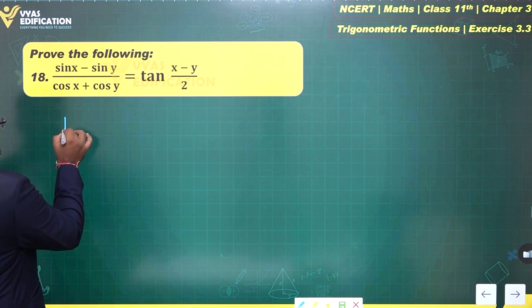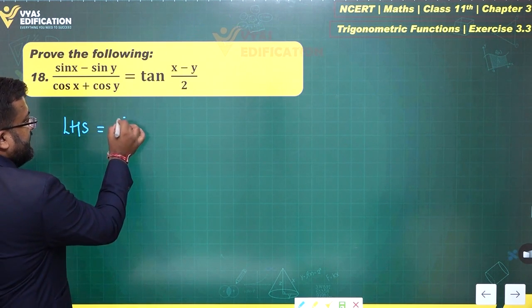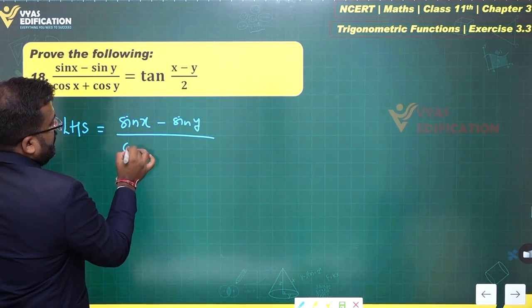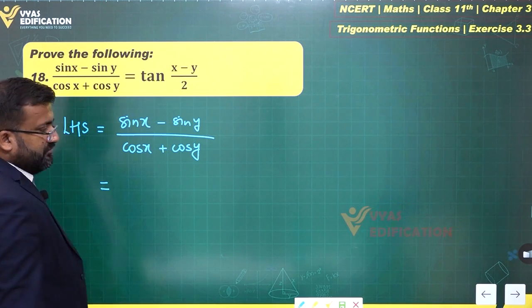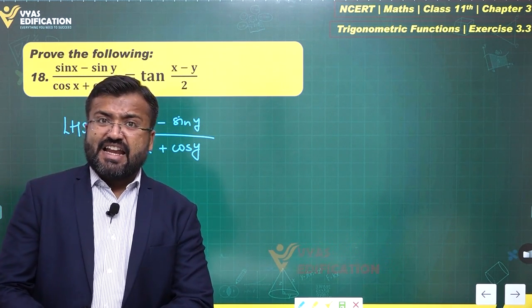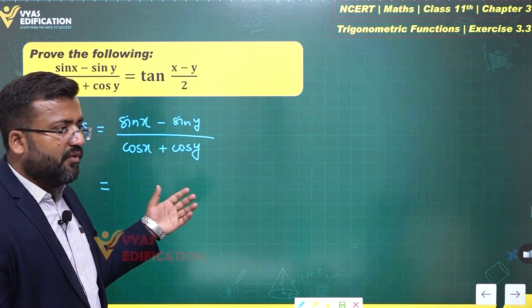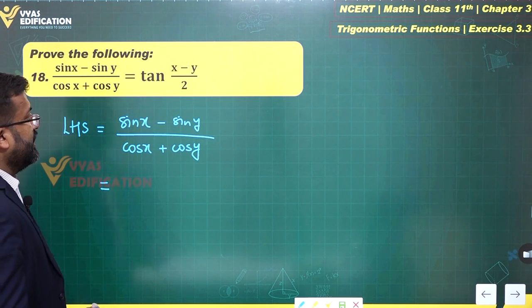So LHS, can I use the identity? Yes. What I have over here is sin x minus sin y over cos x plus cos y. Since the angles x and y are given directly over here, I'll use the formula directly instead of writing it separately.